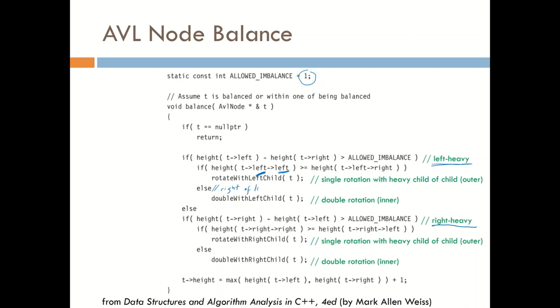Right, so this is right of left child. And these two cases are symmetric. So basically what we're saying is that if we're left heavy and the left subtree of the left child is what's heavy, then we know we need a single rotation with the left child. This is an example of an outer case.